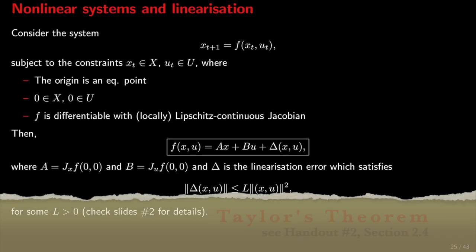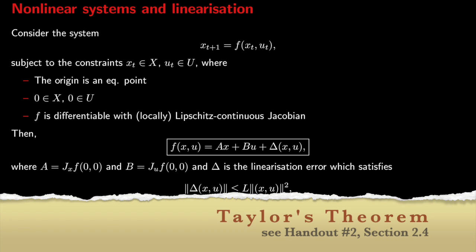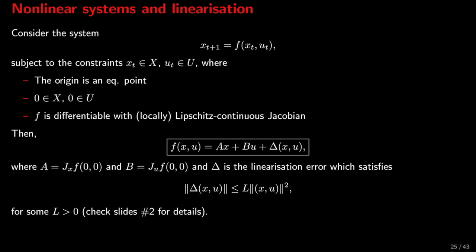This last assumption allows us to linearize function f, and in fact it allows us to write f as Ax + Bu plus a linearization error that satisfies a certain bound. Now Ax + Bu is the so-called linearization of f, and delta is the linearization error.